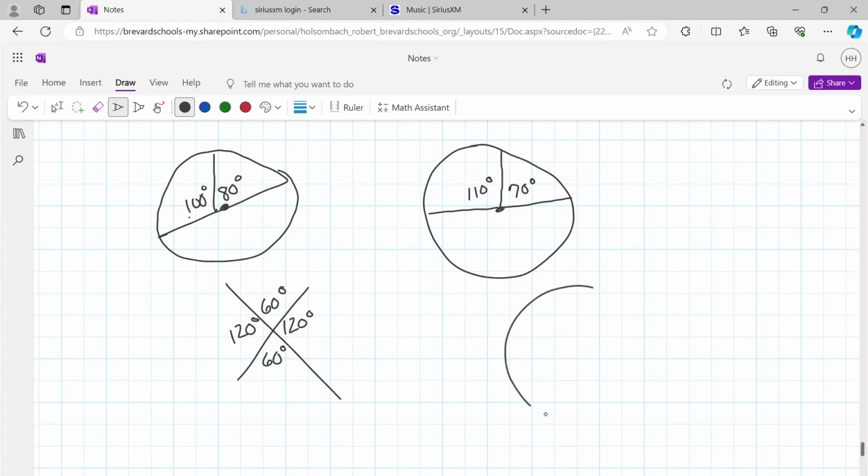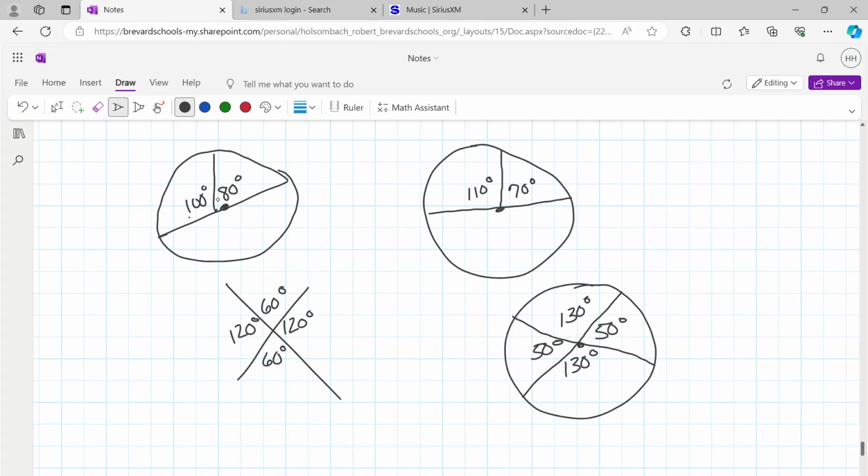Now, if the same thing happens inside of a circle, everything is still true that you've been working with all year, if you get this picture. And this over here is 50 degrees. Then this angle, its vertical angle, is 50 degrees. All right, this would be 130, and this would be 130.